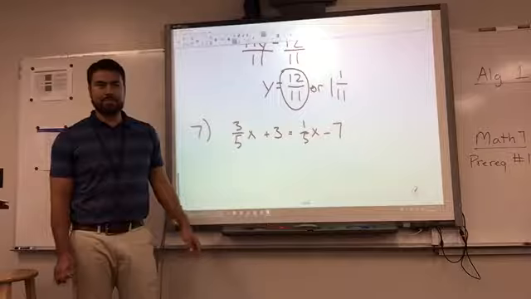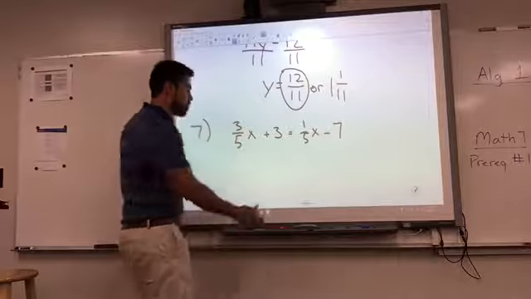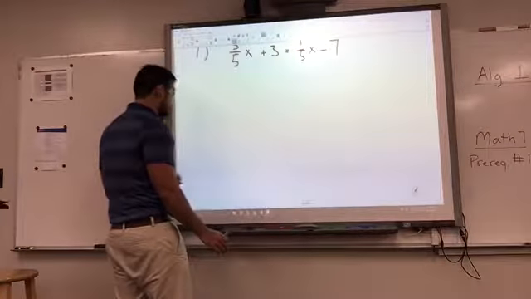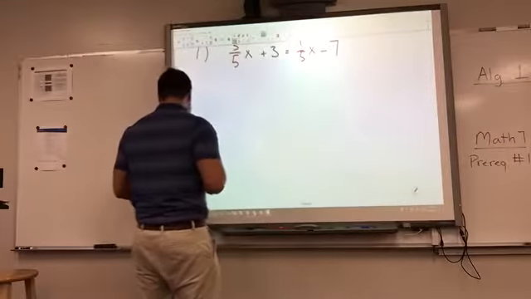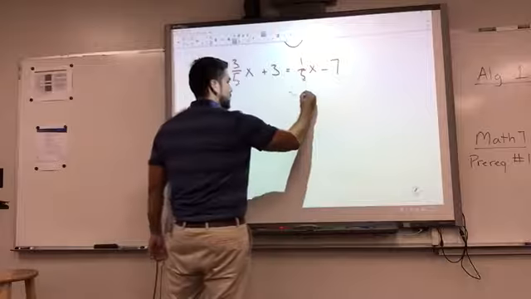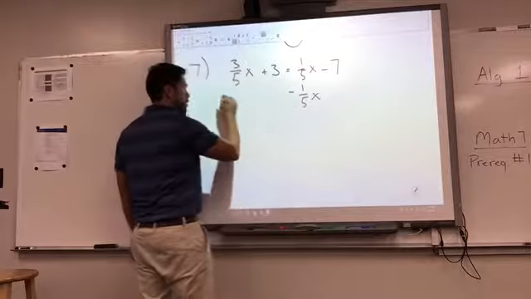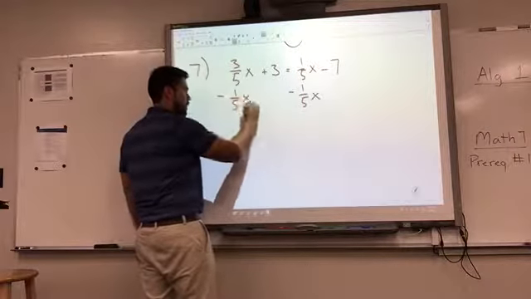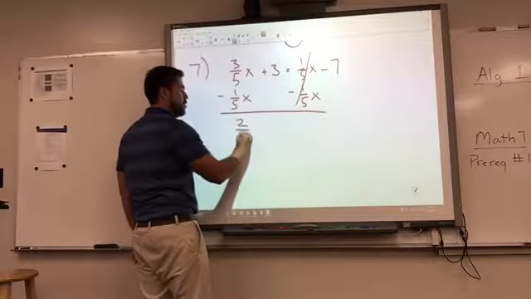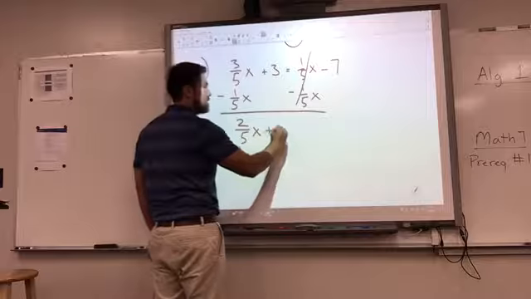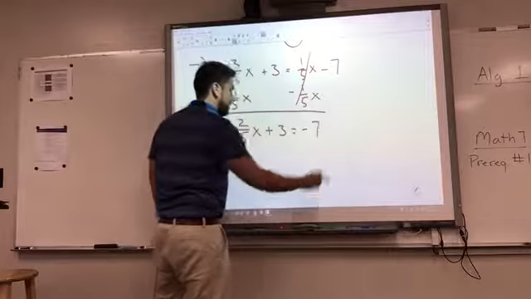Which one do you think is going to keep it positive? Yeah, I'm going to subtract 1/5 x from both sides. Again, not the only way, but to keep it positive. So subtract 1/5 x. Remember, it's 1/5 x, not just 1/5. These will cancel out, and I'm left with 2/5 x plus 3 equals -7.